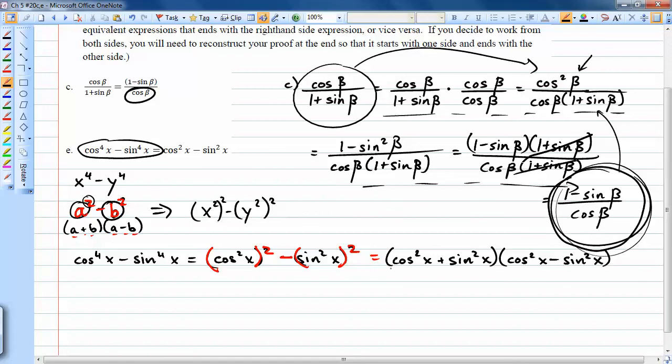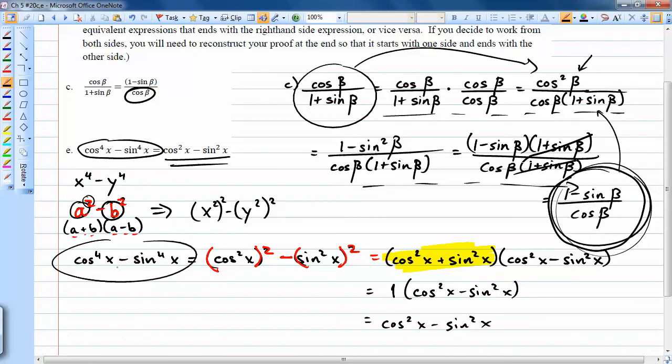Somehow I have to end up with just cosine squared minus sine squared. But the nice thing is, that right here is 1. Remember, because sine squared plus cosine squared is always 1. So I get 1 times cos squared x minus sine squared x, which just turns into cos squared x minus sine squared x. And I've started with one side of my equation, the slightly more complicated looking one, and ended up with the other side at the end.